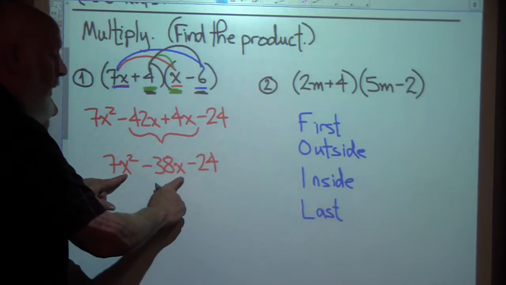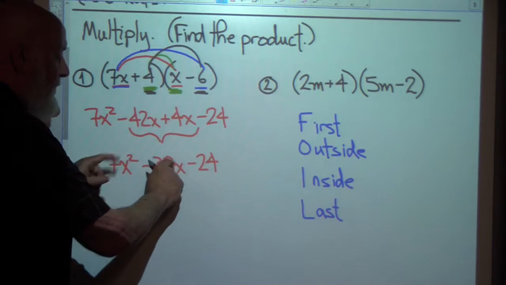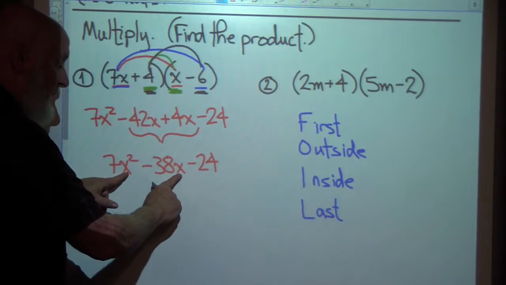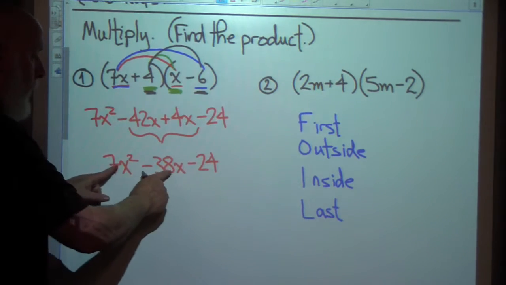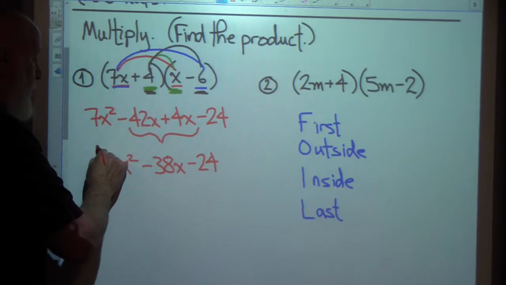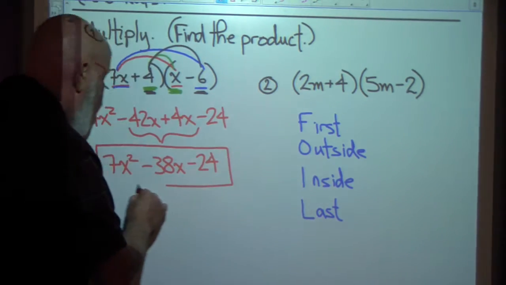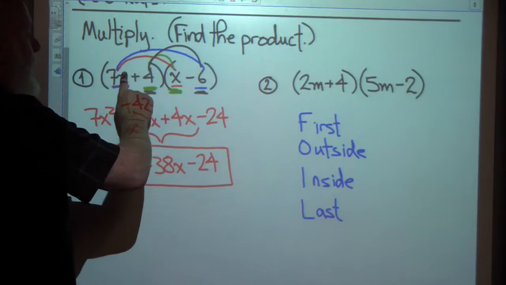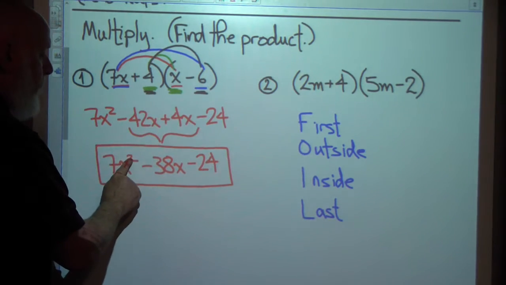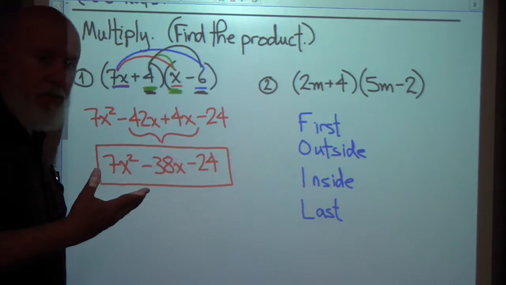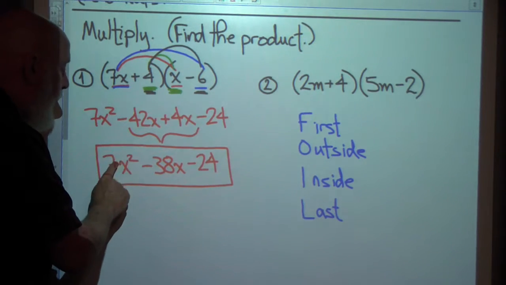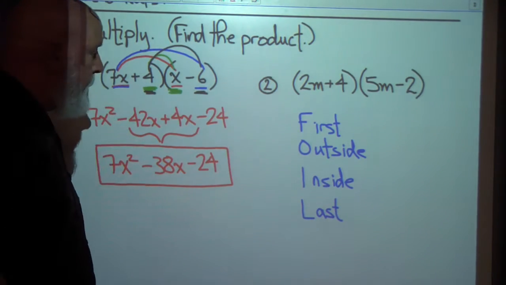So x squared will not combine with x because they don't have the same exponent. They have the same variable, but not the same exponent, so they won't combine. And there's our multiplication, our product. We multiplied these two together and wound up with this quadratic, meaning highest powers of the variables of 2, quadratic trinomial, meaning there are 3 terms.